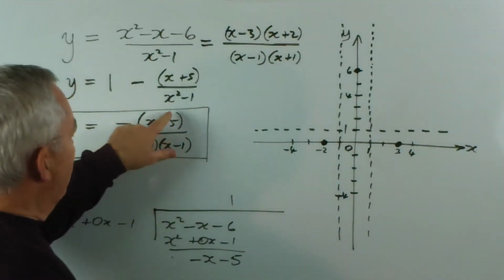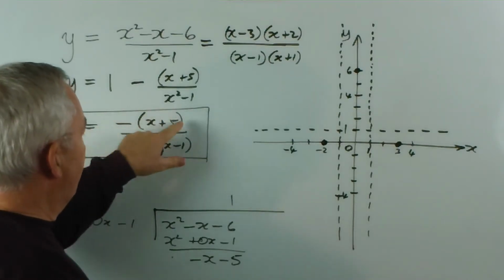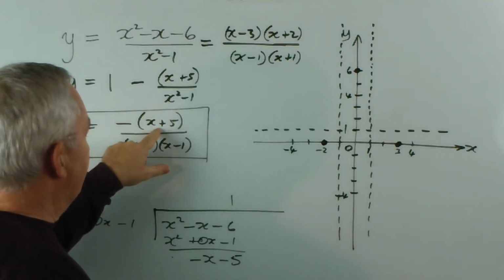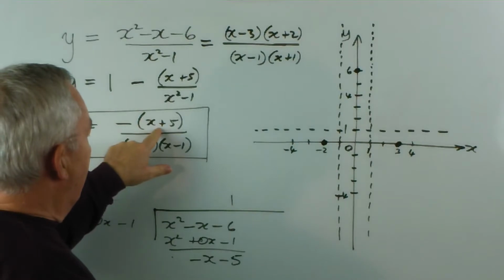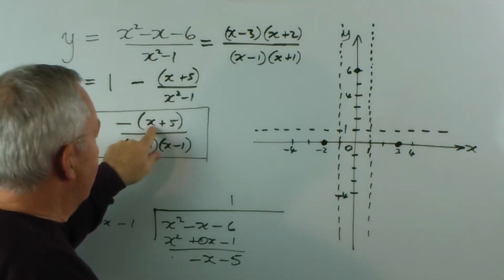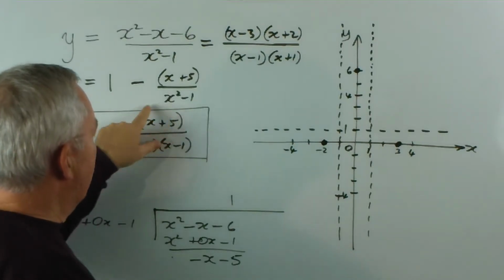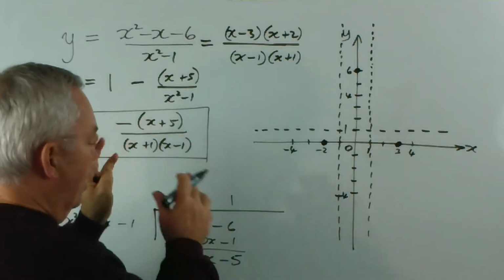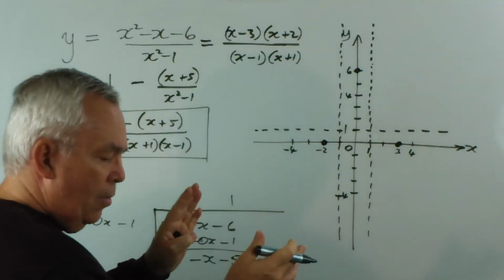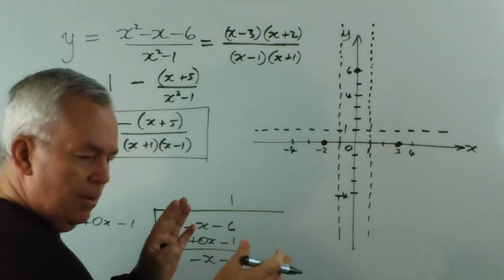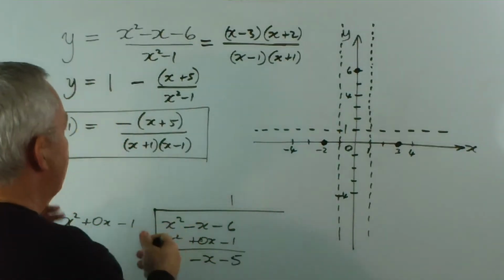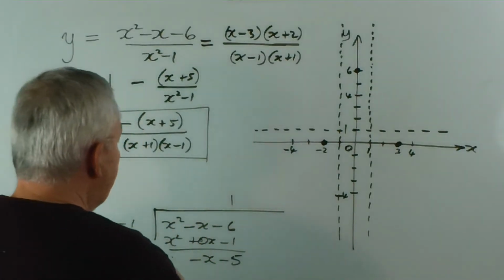You can see again, we don't have a constant on the top, we've got a linear function in x. And when x is worth negative 5, this is going to be worth 0. And on one side we're going to have one lot of values, negatives, and on the other side we're going to have positives.